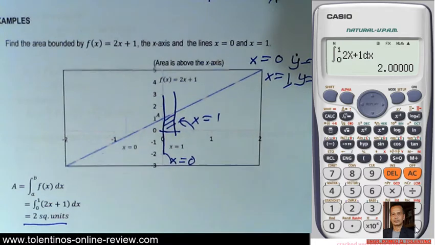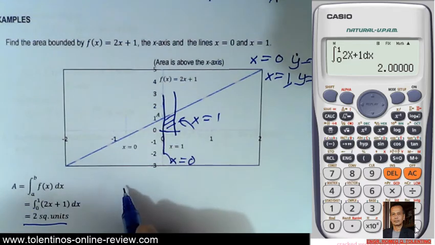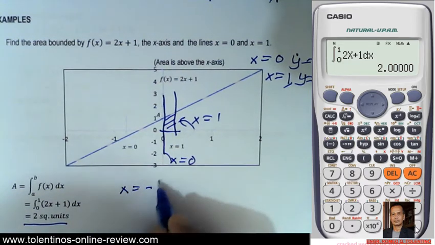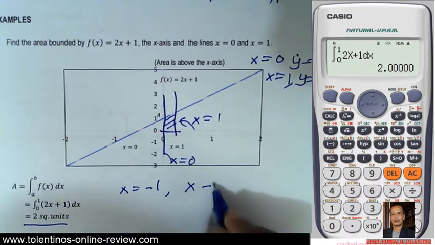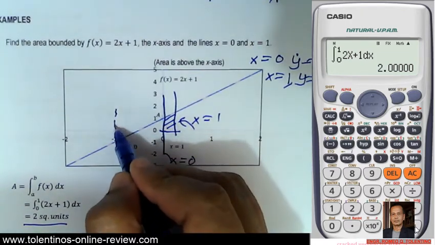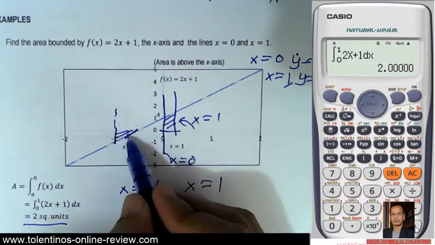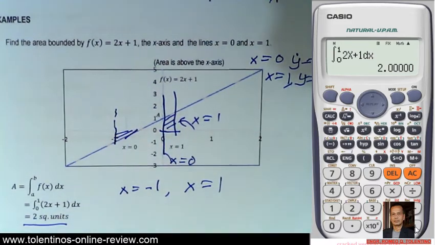Now there is a hitch here. Suppose you are asked to integrate from x is negative 1 to x is 1. Where is x is negative 1? It is here. This means two areas are involved, one negative and one positive.